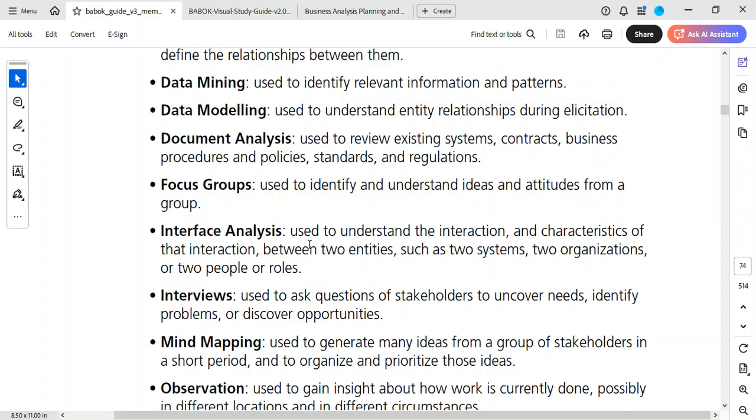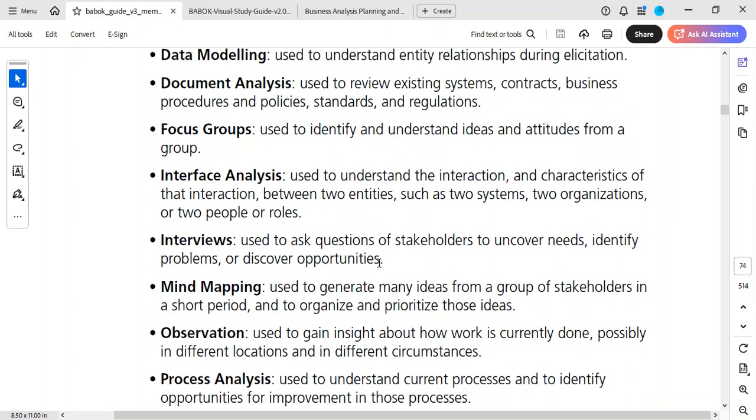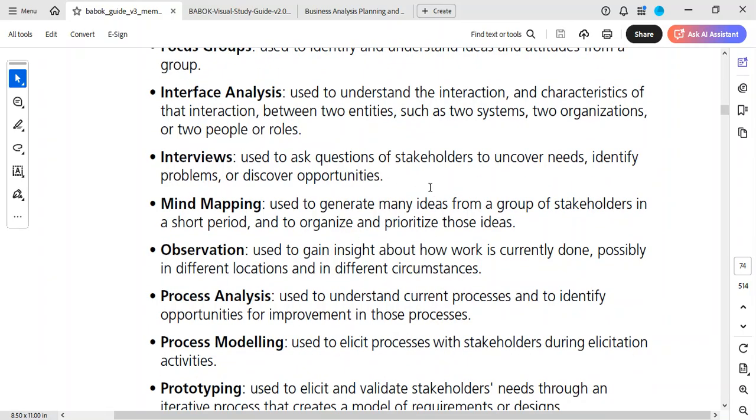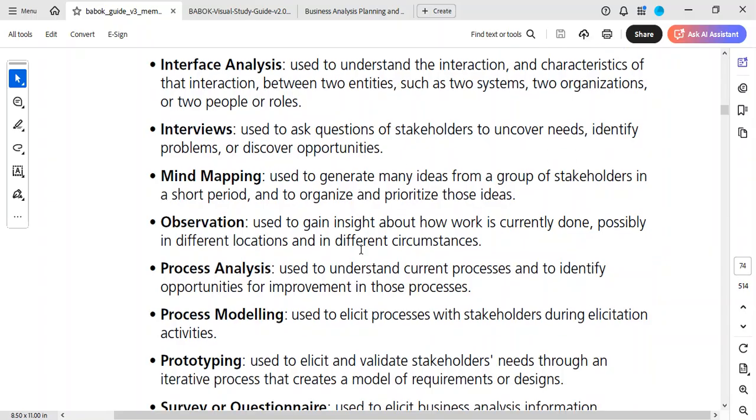Focus groups, used to identify and understand ideas and attitudes from a group. Interface analysis, used to understand the interaction and characteristics of that interaction between two entities, such as two systems, two organizations, or two people or roles. Interviews, used to ask questions of stakeholders to uncover needs, identify problems, or discover opportunities.